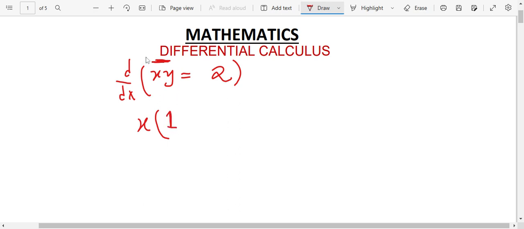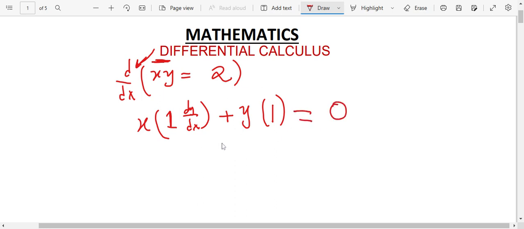Every time I differentiate y, I'm supposed to add the dy over dx. And then plus, since it was a product, I'll now maintain y and differentiate x. If I differentiate x, I'll get 1. Every time I differentiate x, I'm supposed to put dx over dx, but dx over dx is 1, so that's why if you differentiate x, you don't put anything, all right? And that will be equal to, we differentiate 2, that will give us 0.